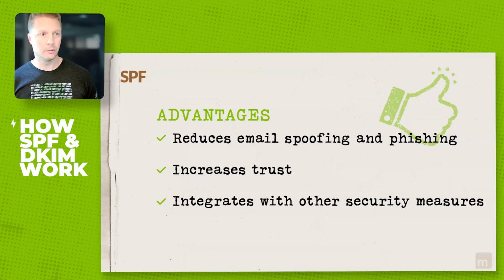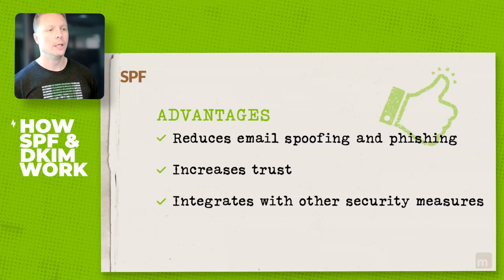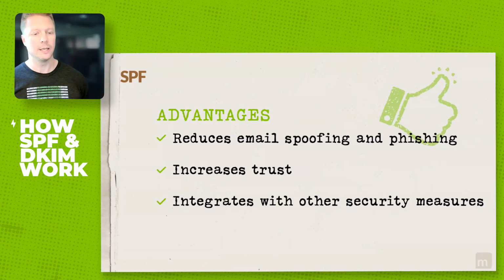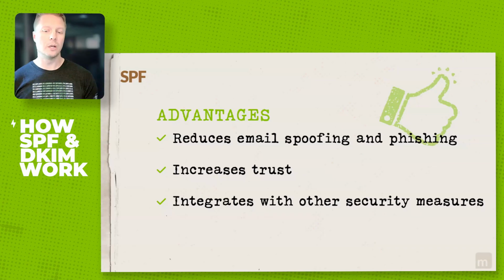So that does also increase the trust. People that are receiving messages from certain domains can be a little bit more sure that it's at least coming from a trusted source because the IP address has been authenticated. And this information also integrates with other measures, which we'll talk about a little bit later, to create a more complete picture of what is a trustworthy or a truly authenticated email.